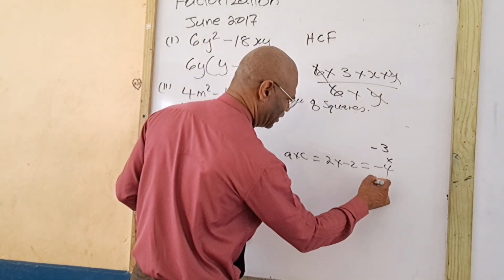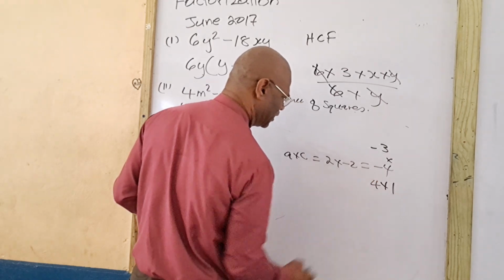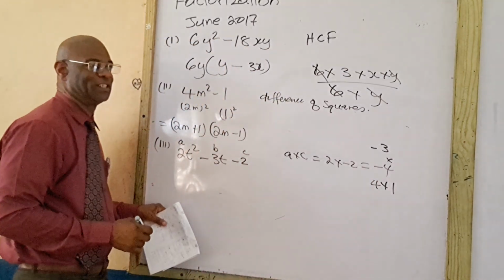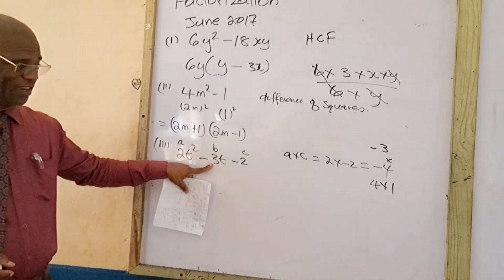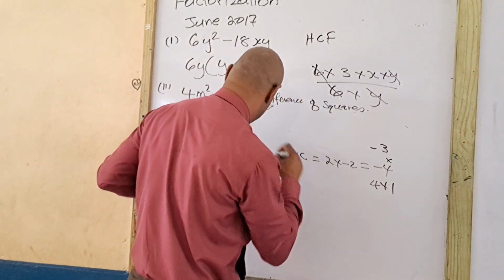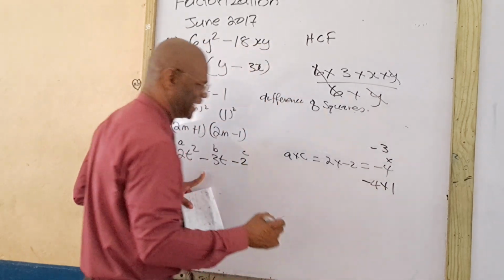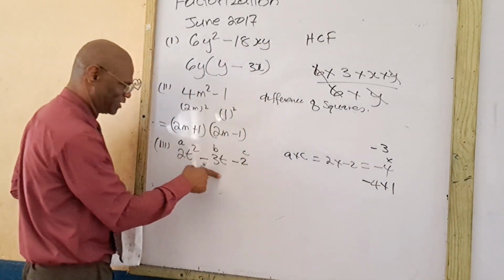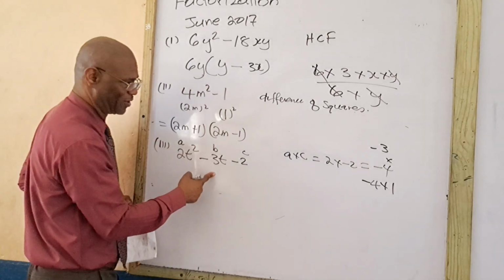It would be 4 times 1. Now which one of them would be negative? Because we need a negative 3 here. So the 4 would be negative. Alright? So we're going to replace 3t with negative 4t and 1t.